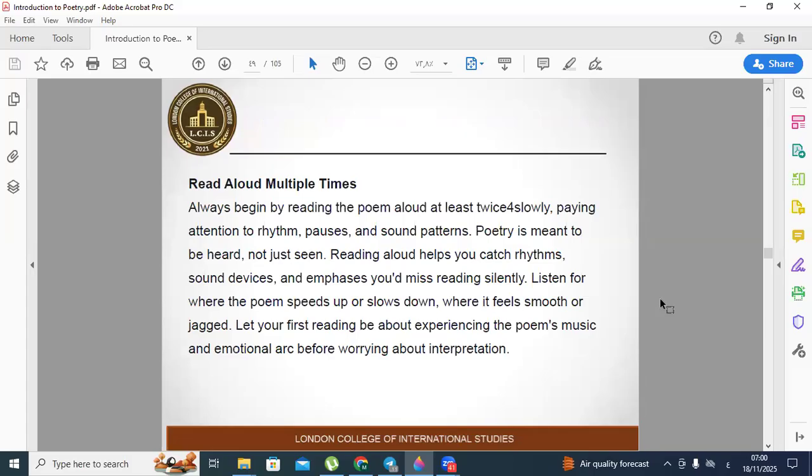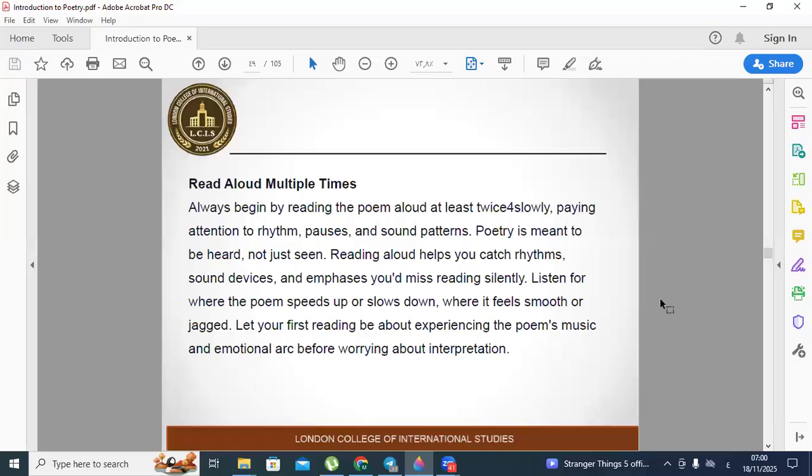Read aloud multiple times. Always begin by reading the poem aloud at least twice, slowly, paying attention to rhythm, pauses, and sound patterns. I cannot emphasize this enough. Poetry is meant to be heard, not just seen.